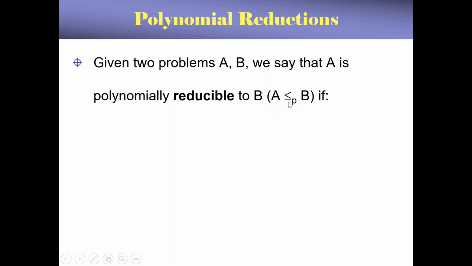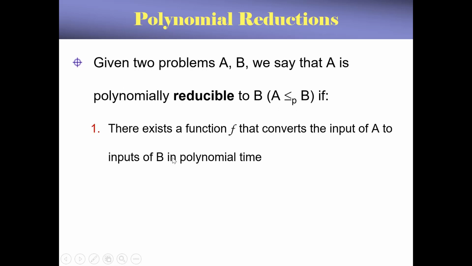So instead of just less than or equal, we attach P. It means A is polynomially reducible to B if, 1, there exists a function f that converts the input of A to the input of B in polynomial time. Okay, so our function is not any arbitrary function. It's a function that will transform the input of A into the input of B in polynomial time.